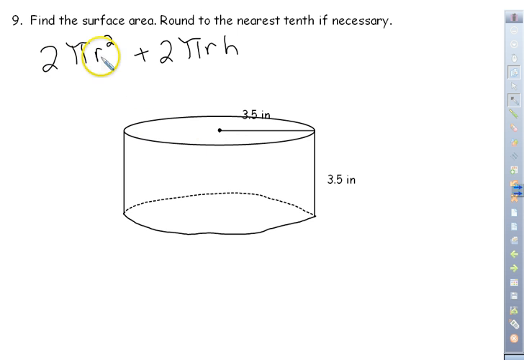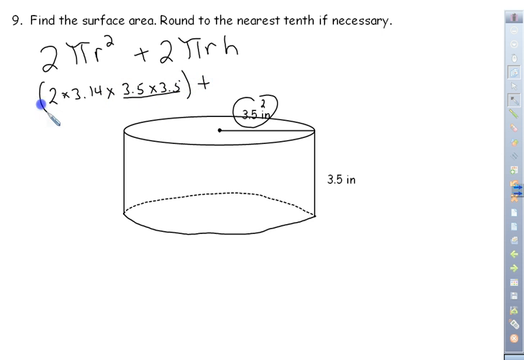So plug those in. 2 times 3.14 times the radius squared. They did give me the radius, so 3.5, and I'm going to multiply that by another 3.5 because this squared means exactly this. Okay?